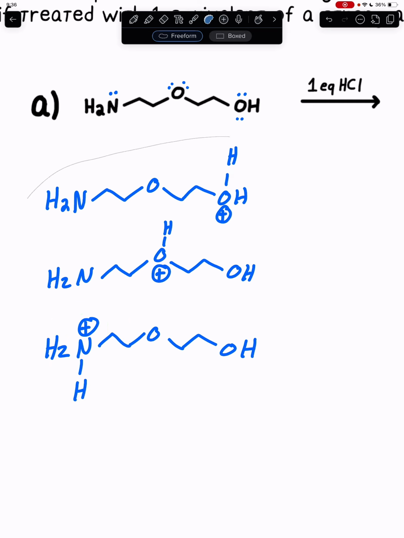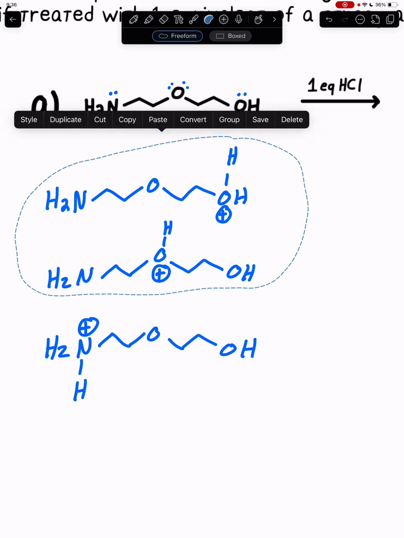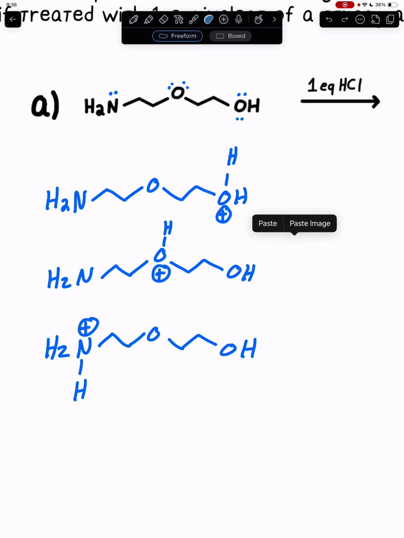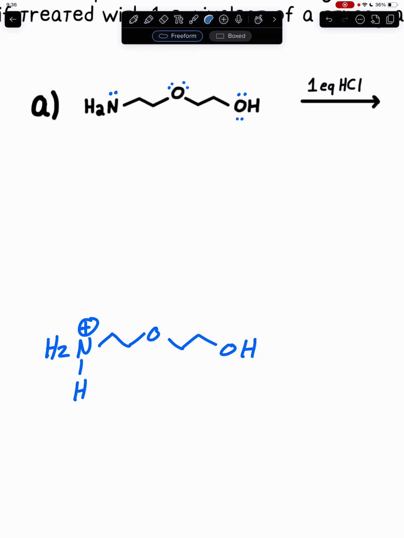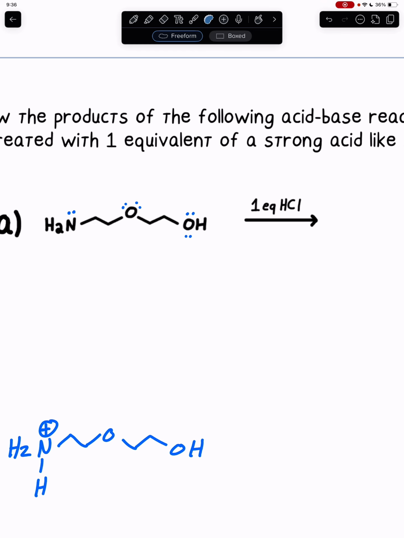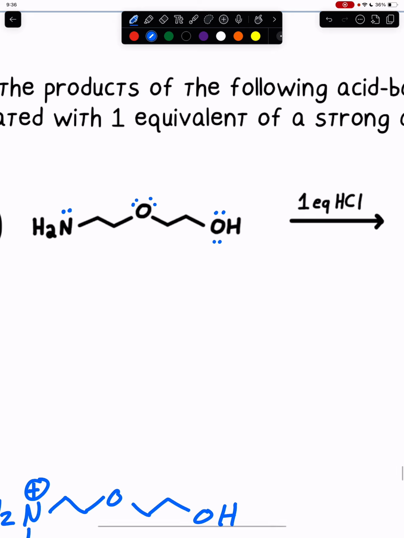Another way to think about that is, what's going on here? We're using some atom to pick up that proton. Which one is going to send its electrons out to pick up a proton? Basically, which of these electrons are most available to do that?